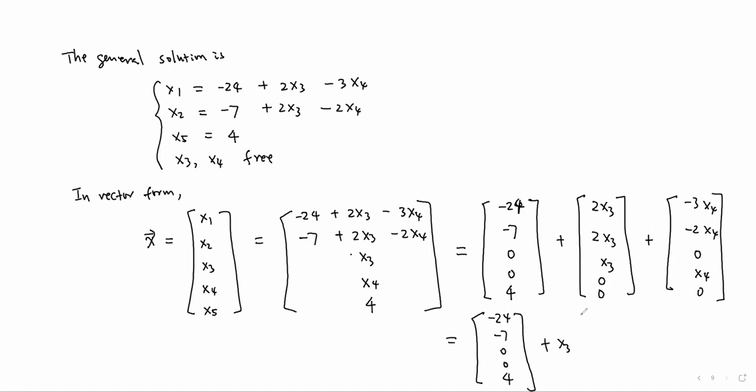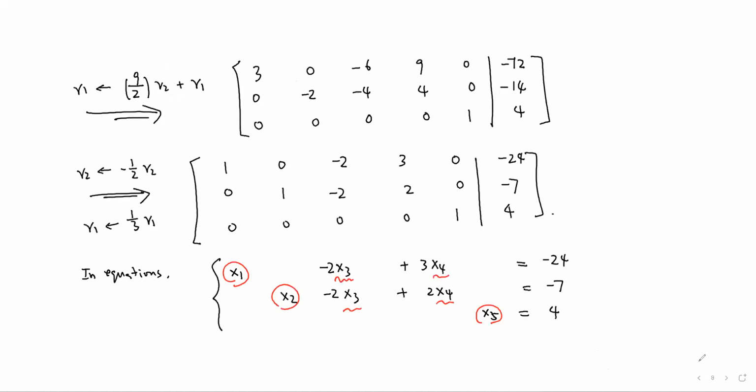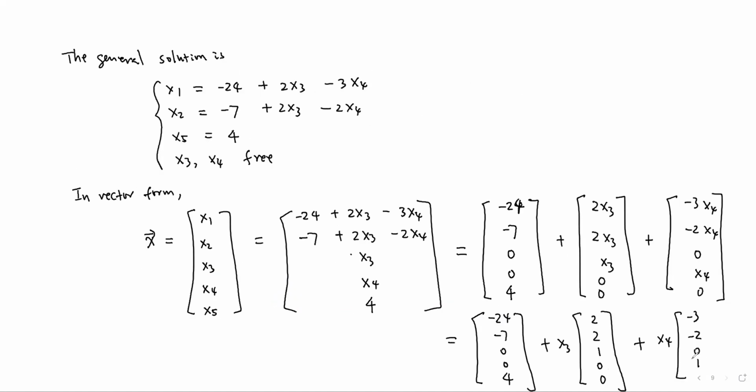Take out x3: 2, 2, 1, 0, 0. And then take out x4: 1, 0, 1, 0 here, 0 here. Yeah. So this is the answer to the second question.